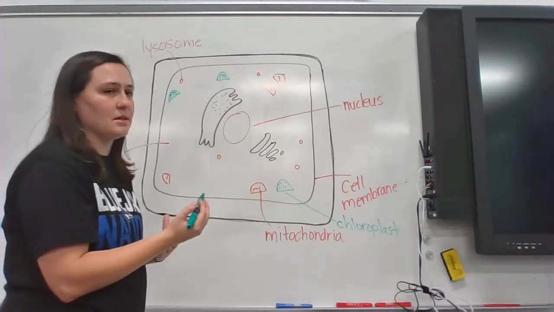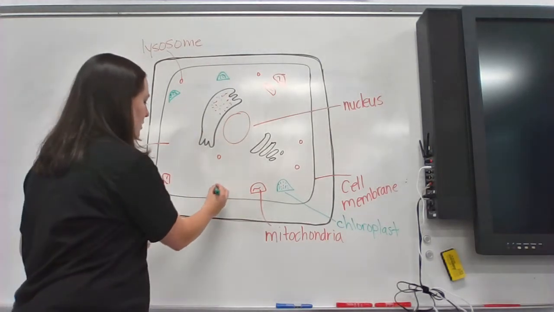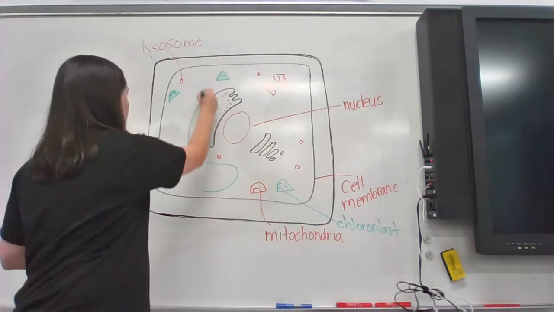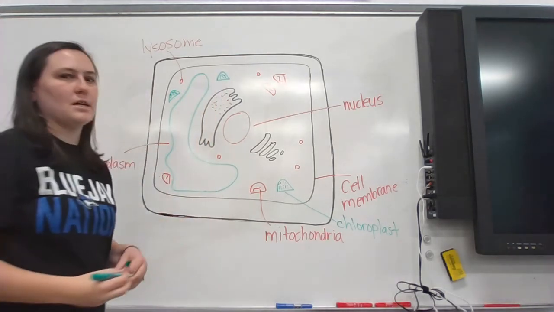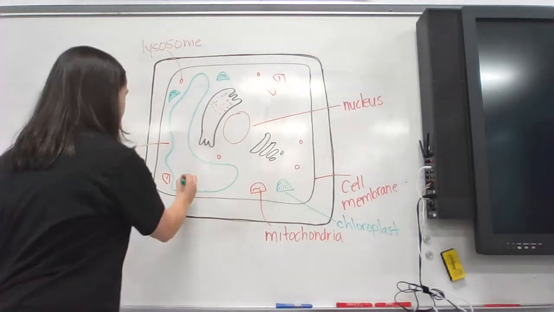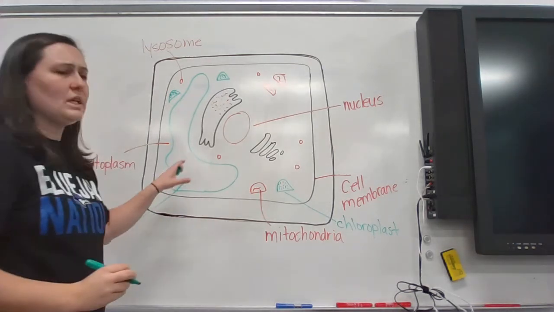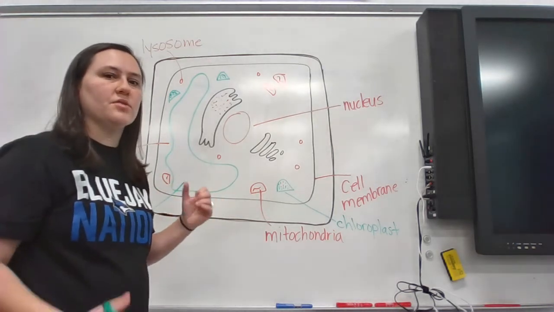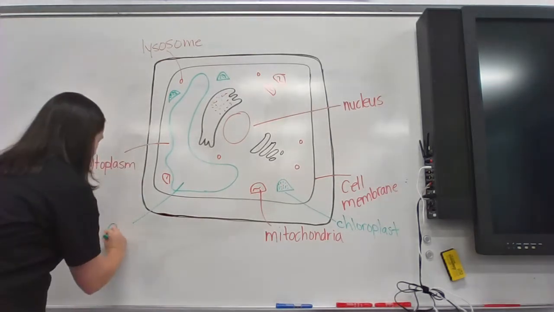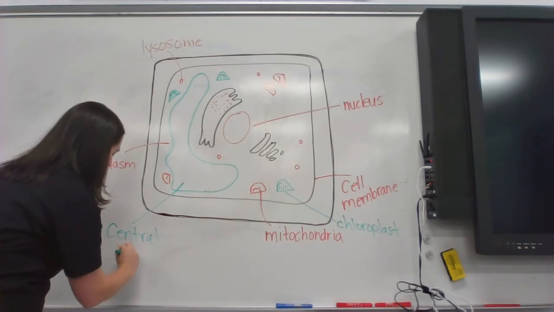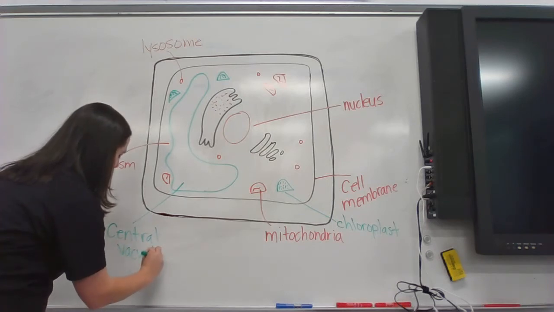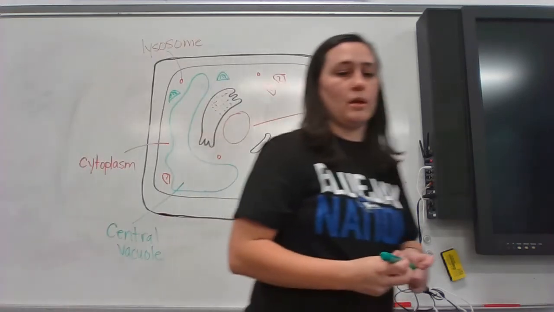But in plant cells, it's a kind of a big deal. So a vacuole will look like this. It will take up a lot of space in the cell. So, in plant cells, we don't call it the vacuole. We call it the central vacuole.